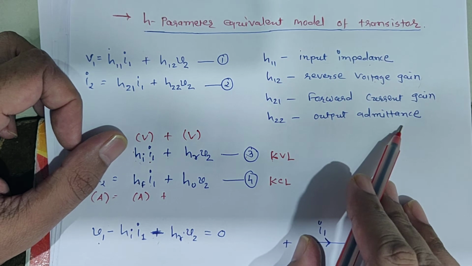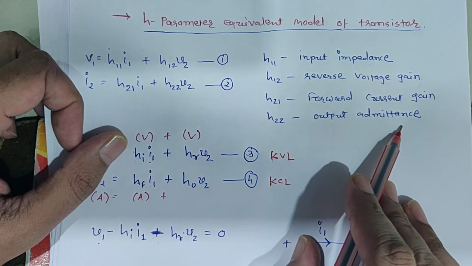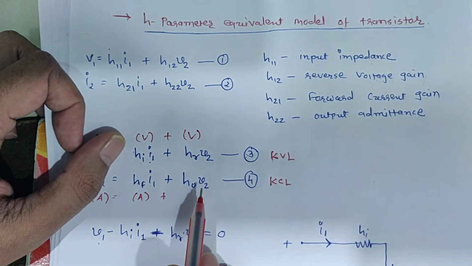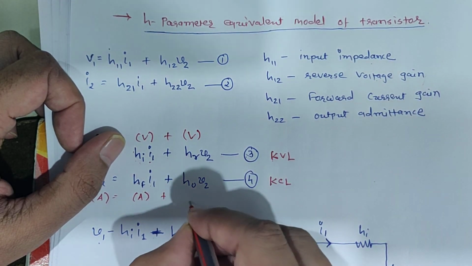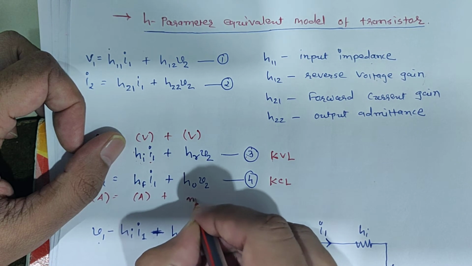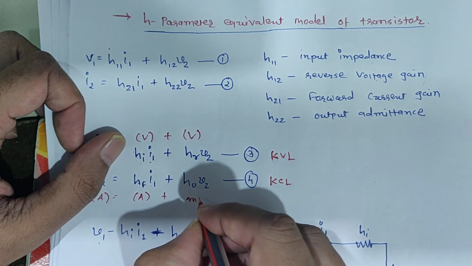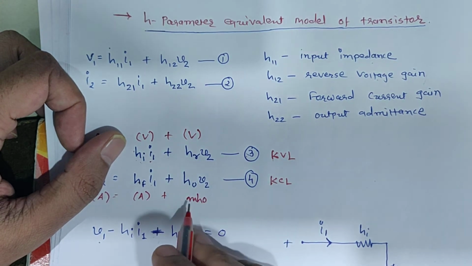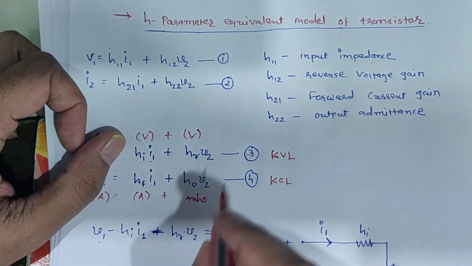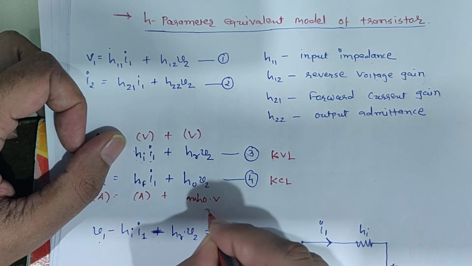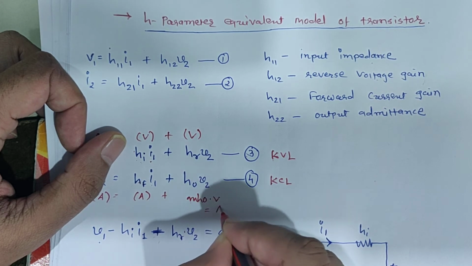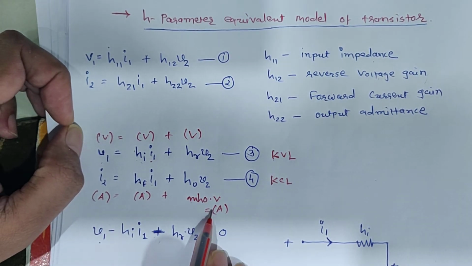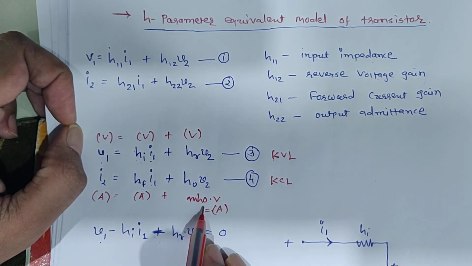The equation of admittance is I by V, I2 by V2. So its unit is the inverse of resistance, ohms, mho. If we multiply mho with the voltage, then the unit of this quantity will become ampere.